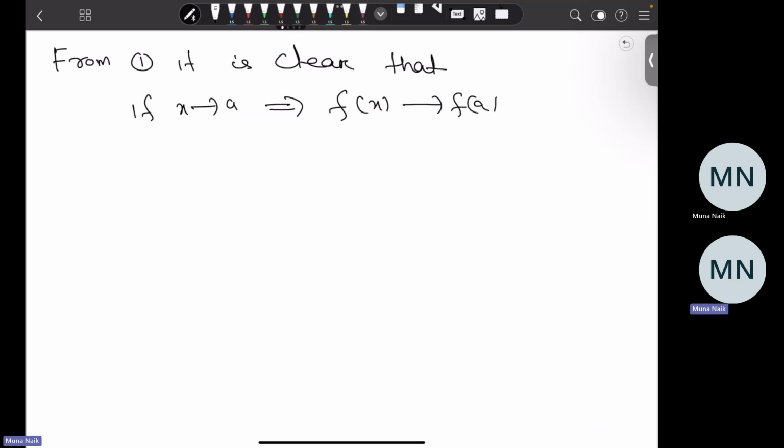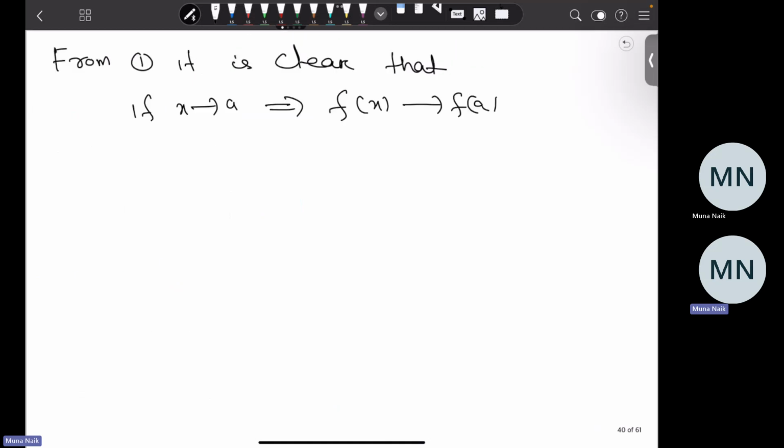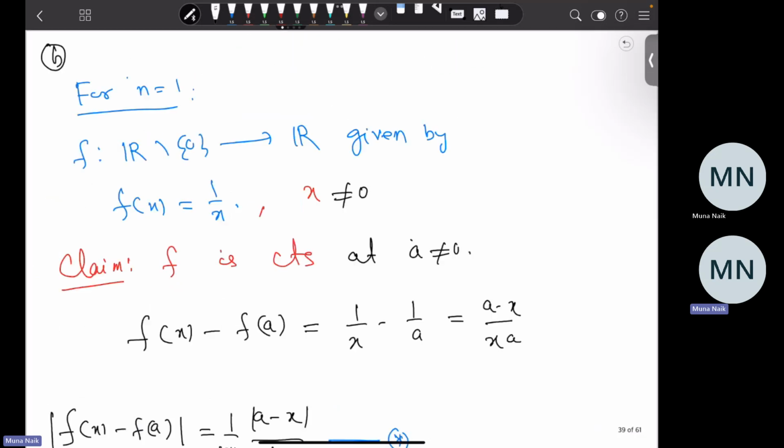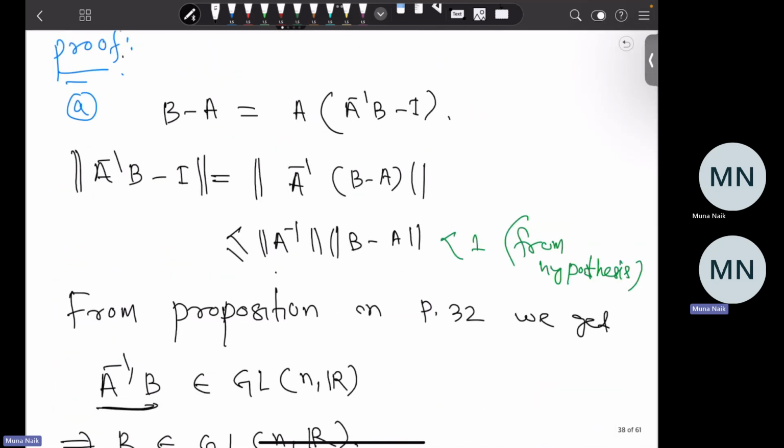If x goes to a, that means x will eventually lie in W, so this I will be valid. From I, it is clear that if x goes to a, this will go to 0, then f of x will go to f of a. So this shows that f of x equal to 1 by x is continuous in the one dimensional case.